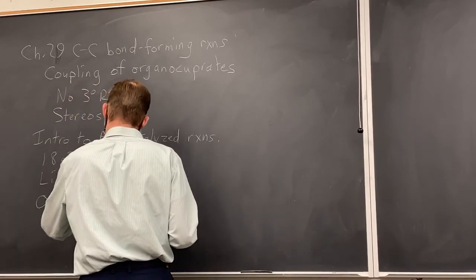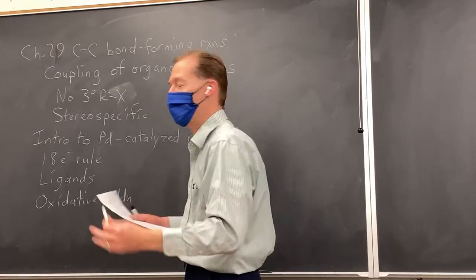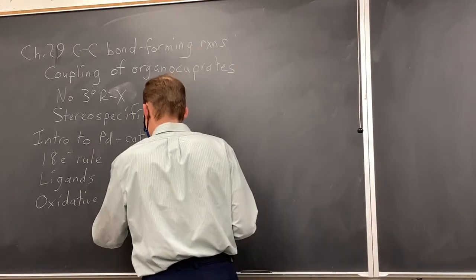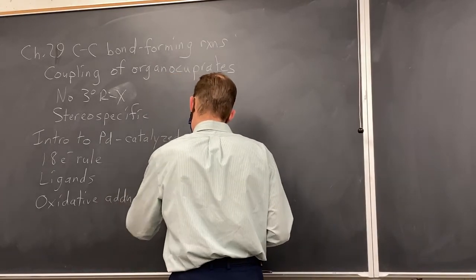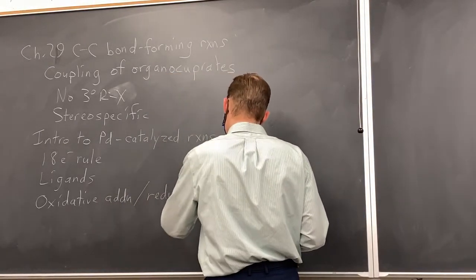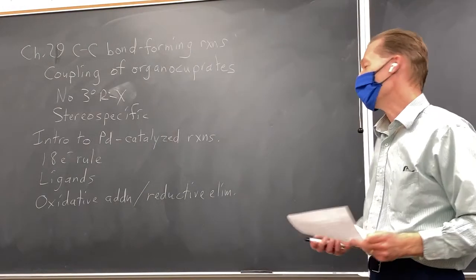And we paired them up because we have 4 processes and we have 2 pairs of processes that are the reverse of each other. So we have oxidative addition and reductive elimination. So these 2 processes will come together in reactions.